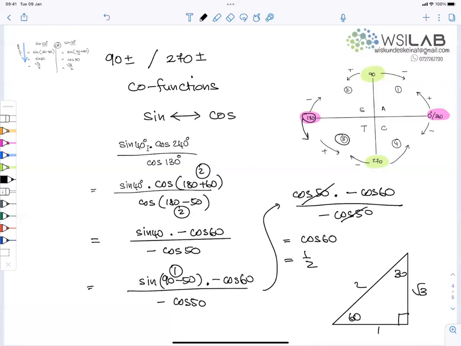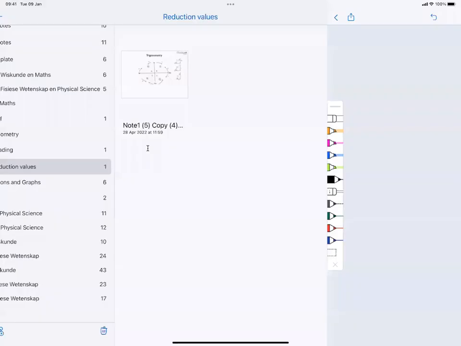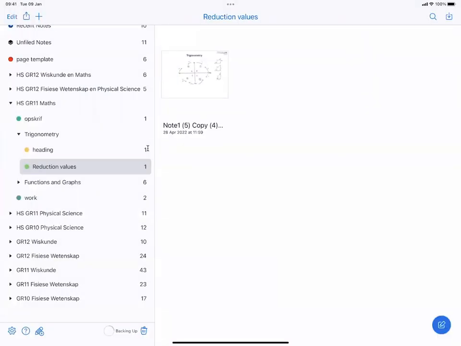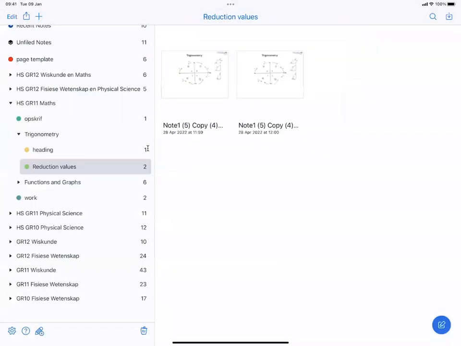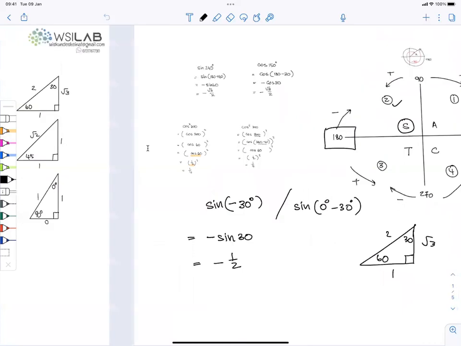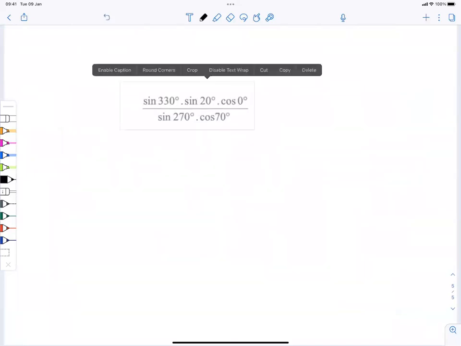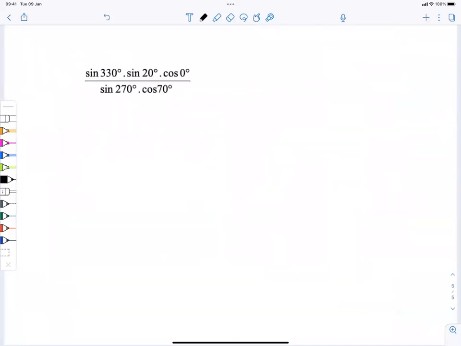Okay, good. Okay, let's see. I just want to see if I've got a section here for reduction values. No. I need to make a new... okay, let's just continue. There we go. Okay, I'm going to copy something. I think your screen might go blank. I'm not sure. Does your screen go black? No, it's just a new page and I can see you pasting. Okay, wonderful. I'm getting the grips of this.